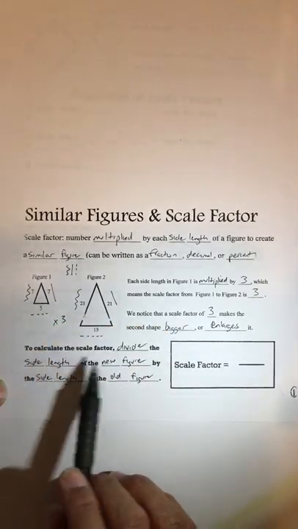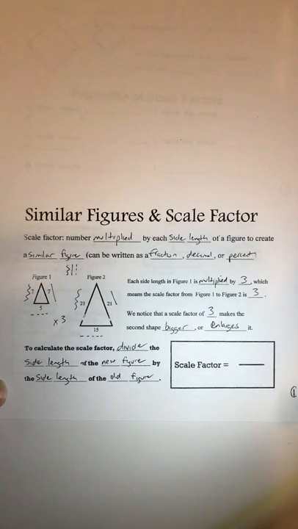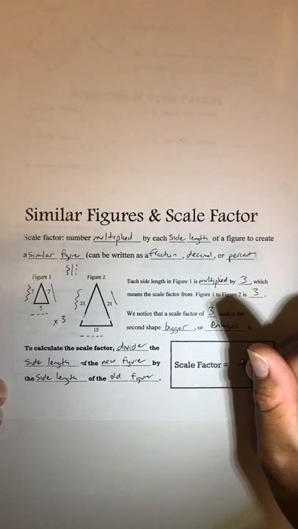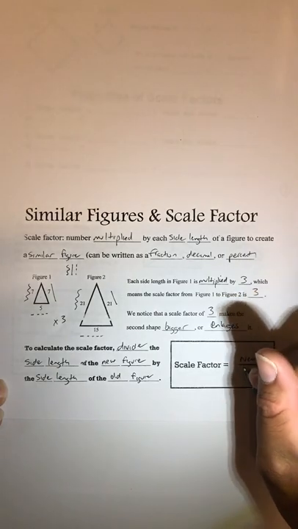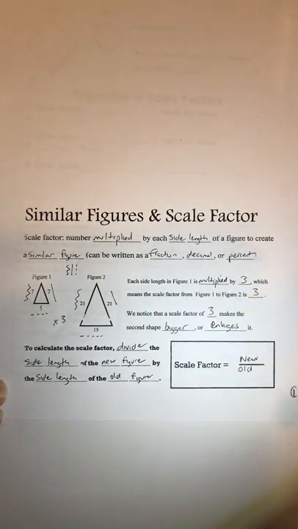So remember, when we don't have the scale factor, we divide. And you're going to hear this quite often. You're going to hear your teacher say, hey, new divided by old. They may also say prime divided by original.